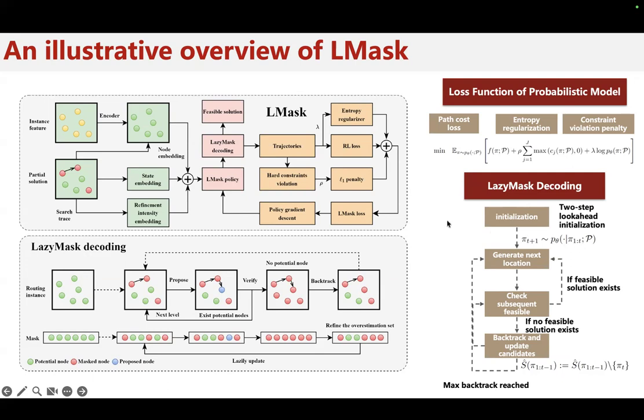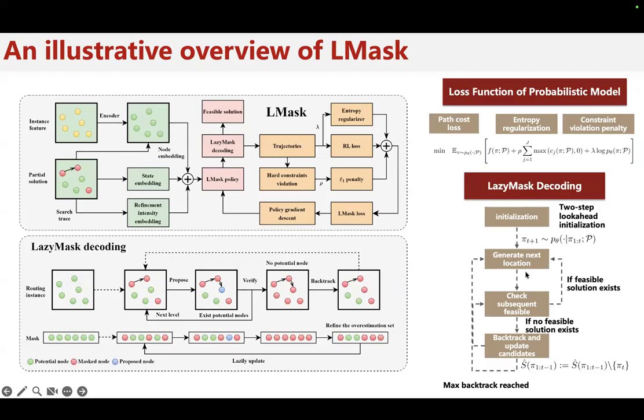Suppose we have to visit a bunch of cities in a sequential way, and suppose we have visited city number one, city number two, and so on until city number t, given this particular problem instance, and suppose the probability for visiting city t plus one is greater than zero. Then we can do sampling.